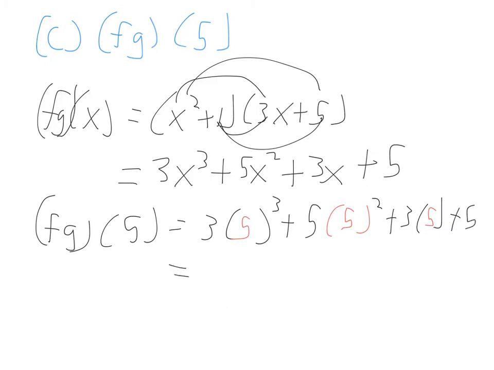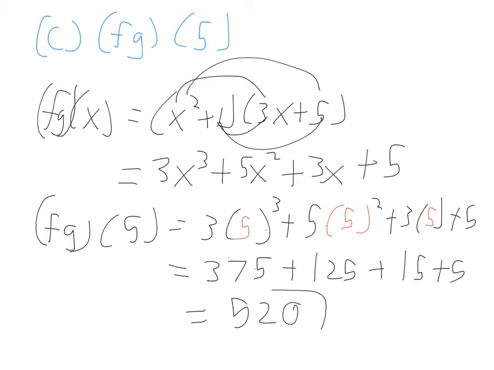Now 5 to the third is 125, times 3 would be 375, plus, now 5 squared is 25. Multiply that by 5 and that's plus 125, plus 3 times 5 is 15, plus 5. Now 375 plus 125 is 500, plus 15 is 515, plus 5 is 520.